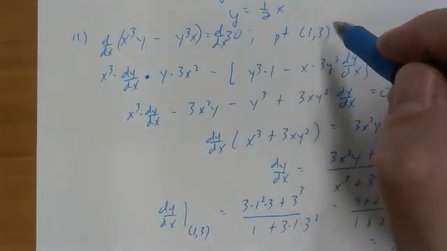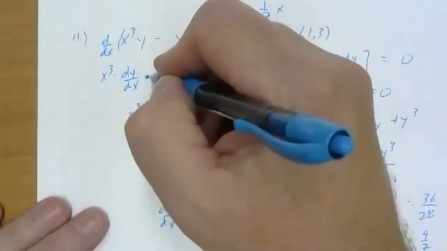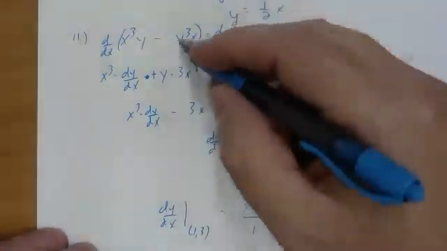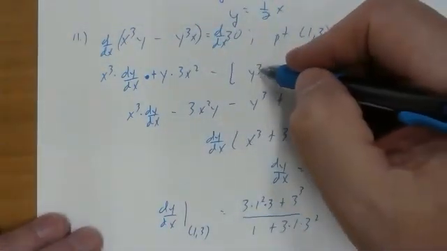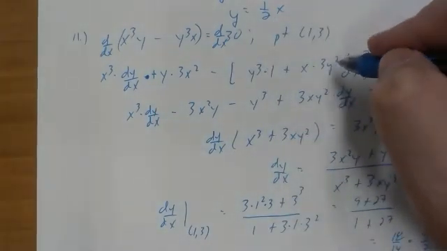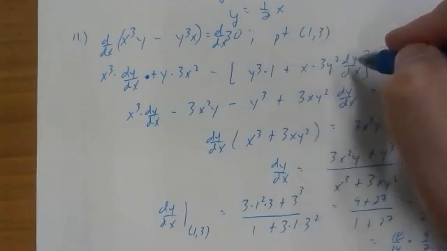Oh, it's actually plus, right? Product rule, first times the derivative of the second plus the second times the derivative of the first.